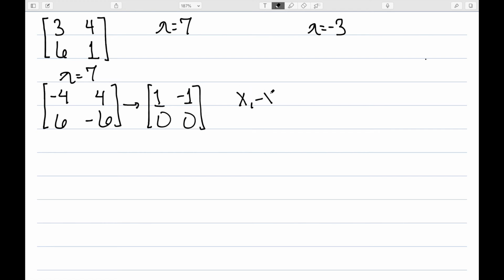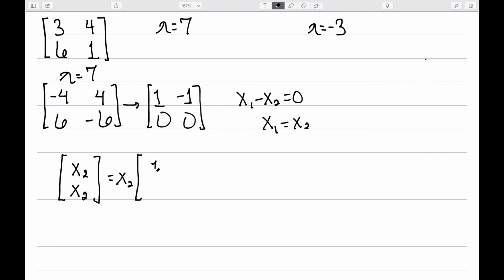That gives me x1 minus x2 equal to 0, or x1 equal to x2. So the equation for x1 is x1 equal to x2. x2 is a free variable. Factoring out the x2 gives me (1, 1). So the eigenvector corresponding to lambda equal to 7 is (1, 1).